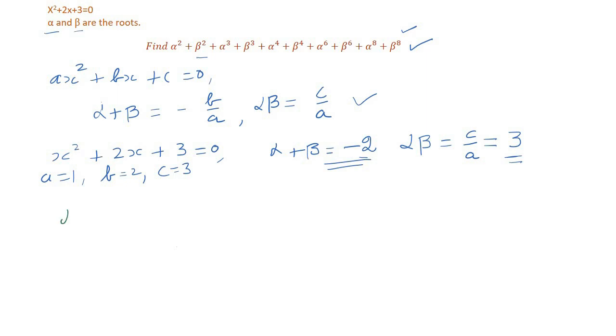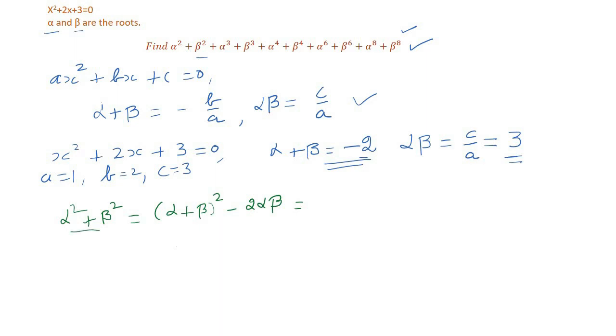First, we will find alpha square plus beta square, which is nothing but alpha plus beta the whole square minus 2 alpha beta. Why? Because alpha plus beta the whole square is alpha square plus beta square plus 2 alpha beta, but we only want to find out alpha square plus beta square.